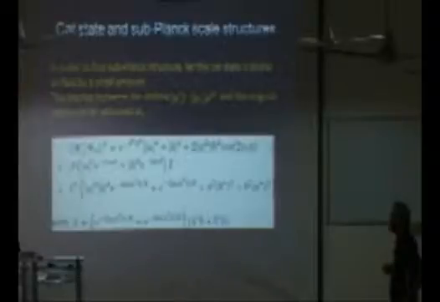You can see the overlap function has zeros, which was emphasized in the morning, and the locations of these zeros give you the parameter estimation. To determine it accurately, you need to kill off these terms, so I has to be 0. We have to take these cat states with suitable parameters so that I is close to 0. Then only will the sub-Planck structure manifest and Heisenberg limited parameter estimation take place.